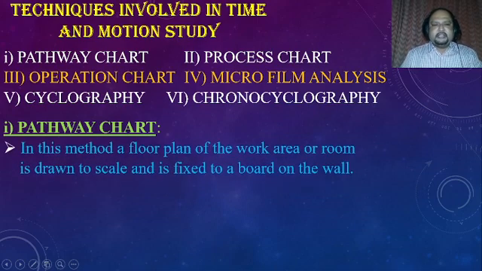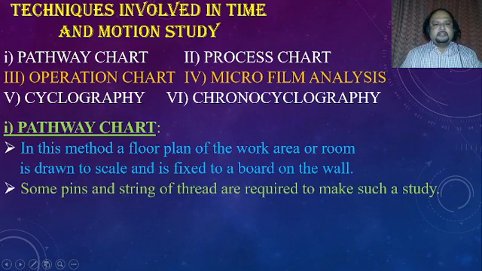In this method, a floor plan of the work area or room is drawn to scale and is fixed to a board on the wall. Some pins and strings of thread are required to make such a study.